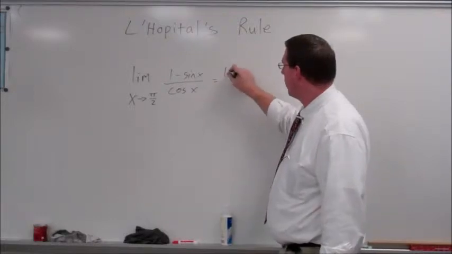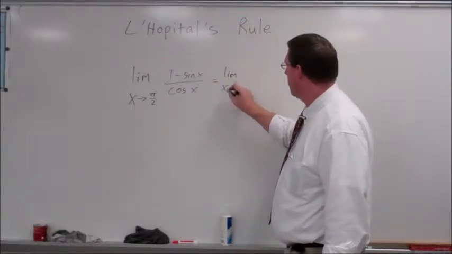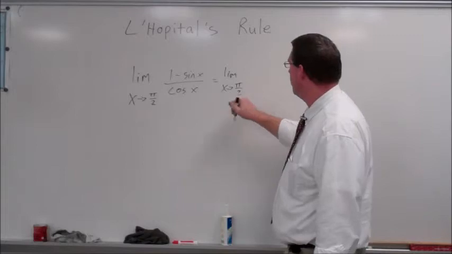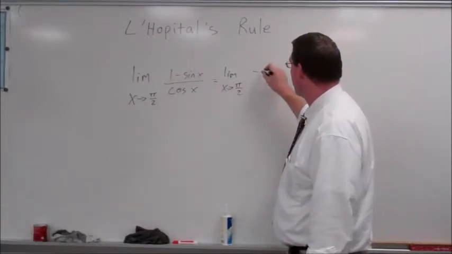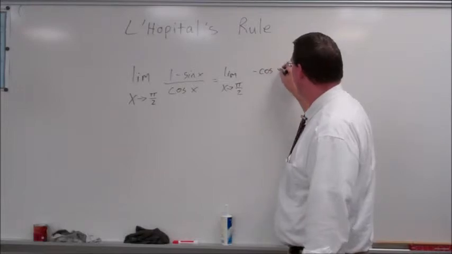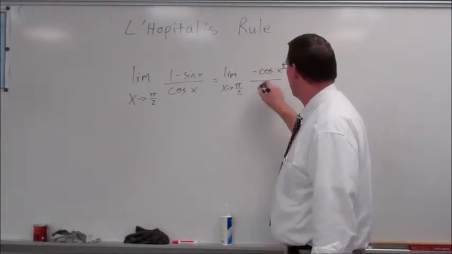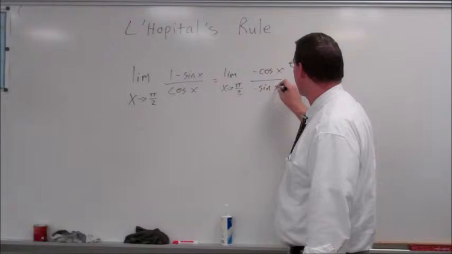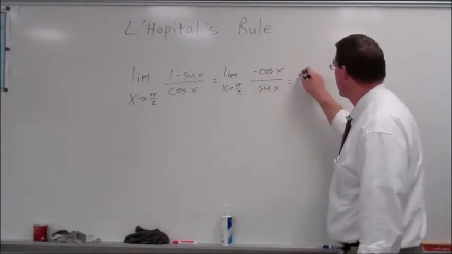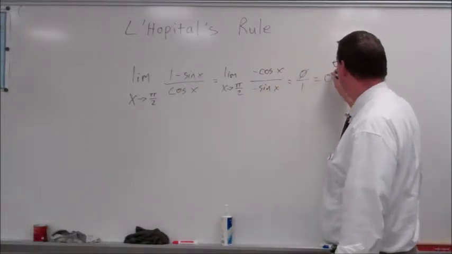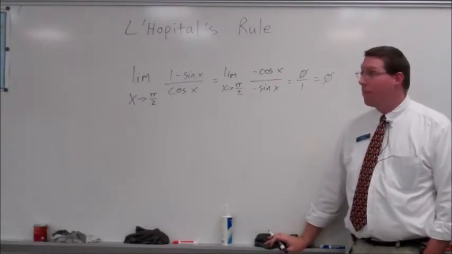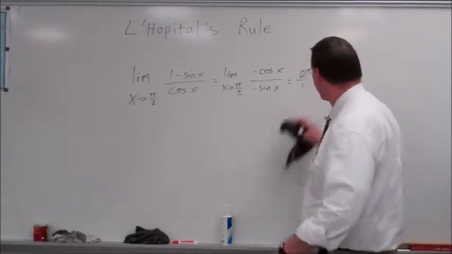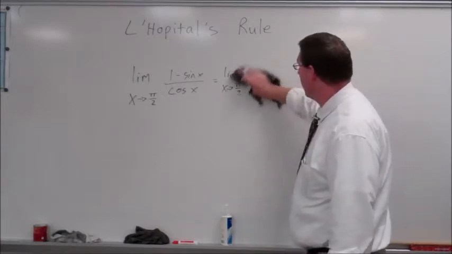But now when we do L'Hopital's rule, the derivative of the top, just like the derivative we just did, is going to be negative cosine of x over negative sine of x, and now we wind up at pi over 2 with 0 over 1, which is a valid answer, which is 0. Okay? So L'Hopital's rule, very, very useful, very clever.